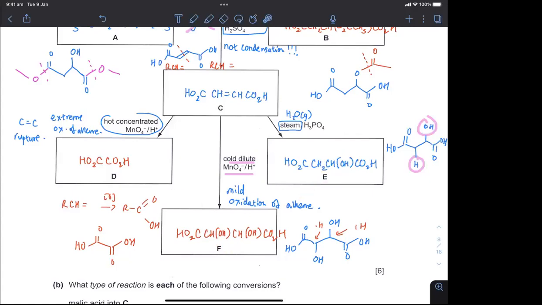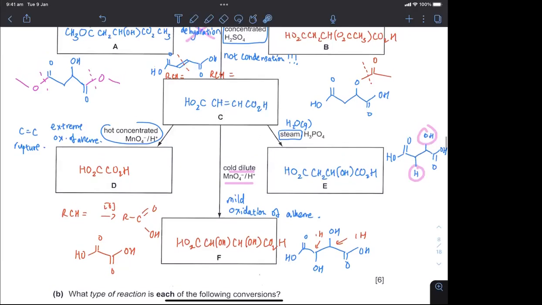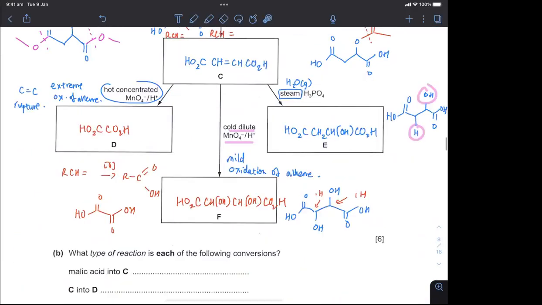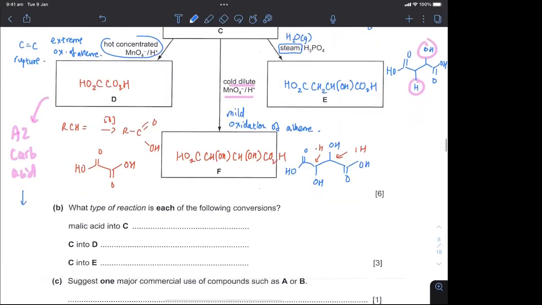So all of these structures, the underlying chemistry there. So after you would want to ask this question, they want structural formula. They want organic compound. In A2, if you look in the A2 syllabus, under carboxylic acid, you will know that this will not survive. The ethanedioic acid will not survive.